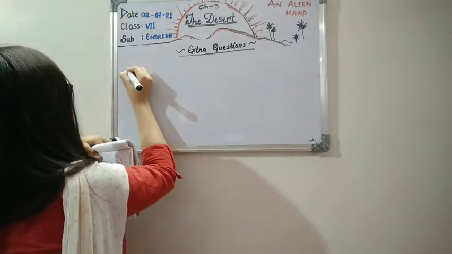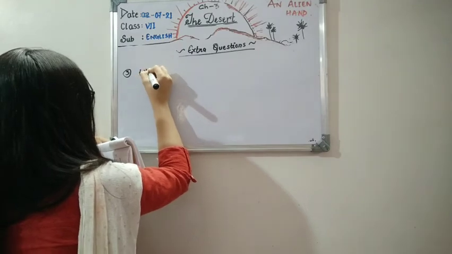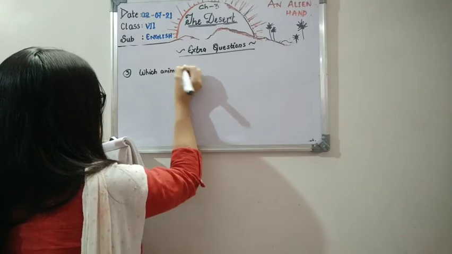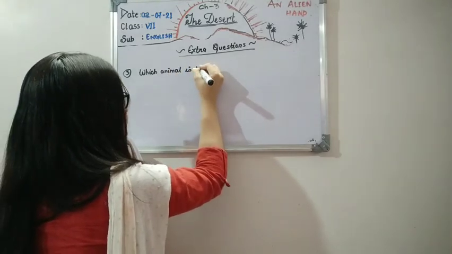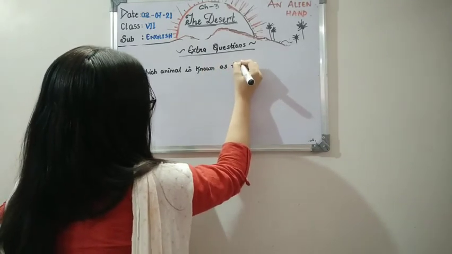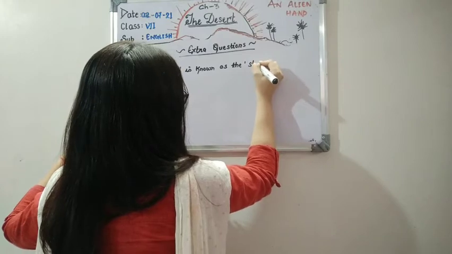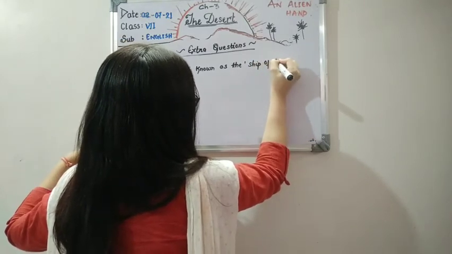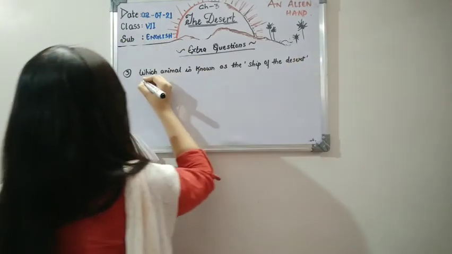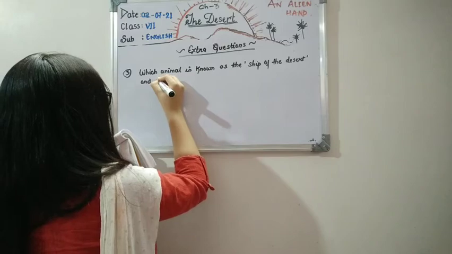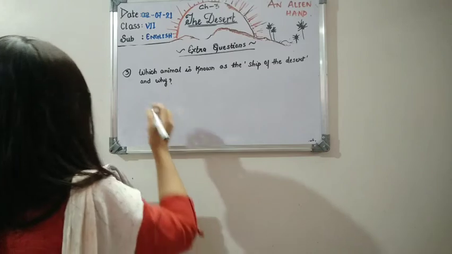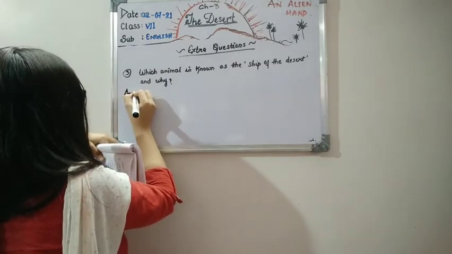Number 3 of extra questions. Which animal is known as the ship of the desert and why? Answer.